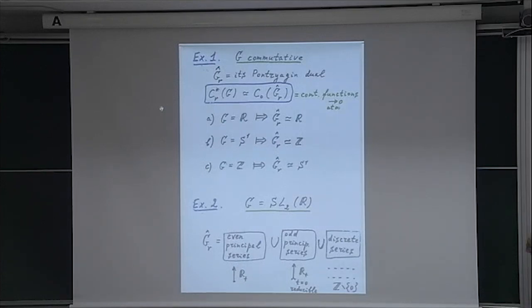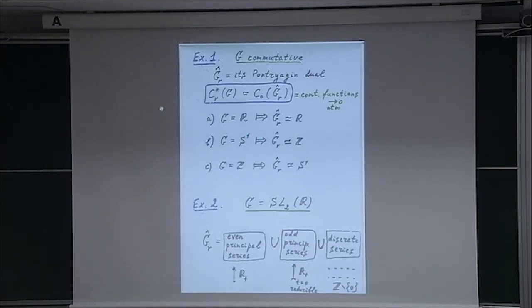I mean, you have a group. You make a Fourier transform using Pontryagin duality, and what you get is another group which is called G hat, which is the dual. And in simple examples, for example, for R, you make Fourier transform, you get again the group R. If you take a circle and make a Fourier transform, you get Z, the group.